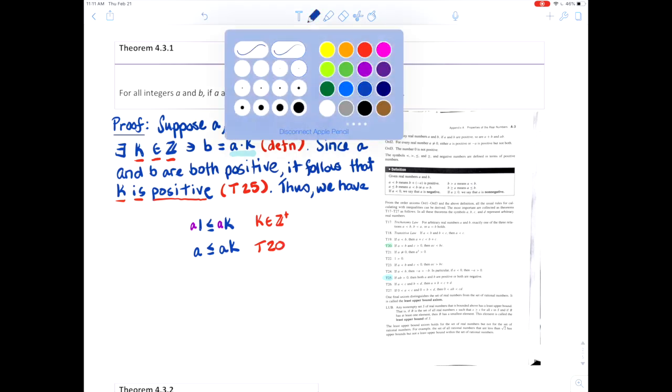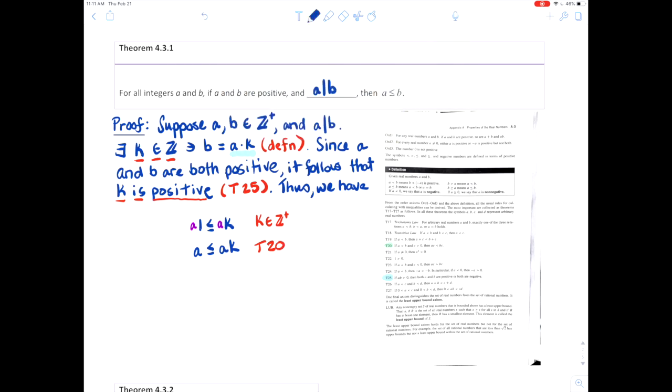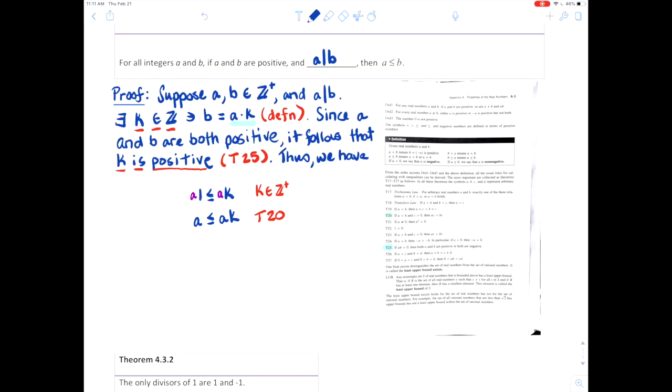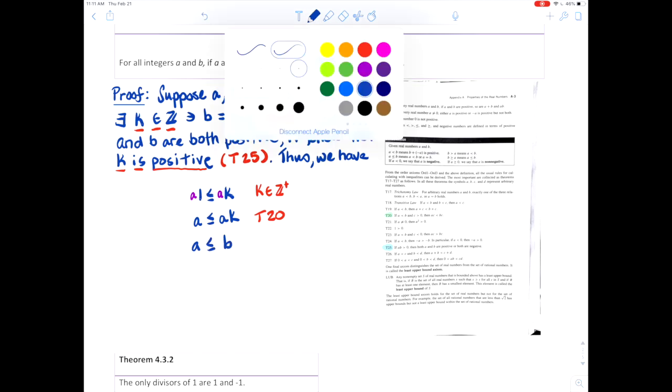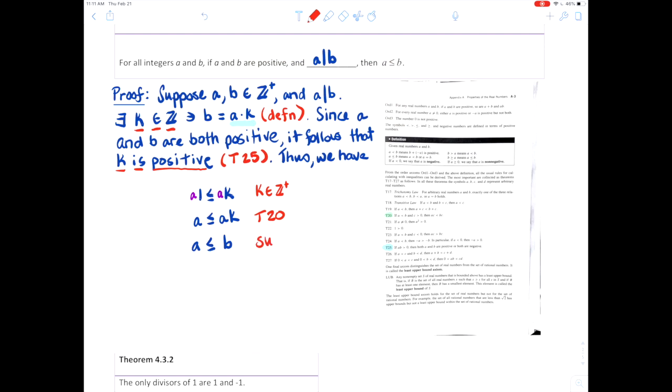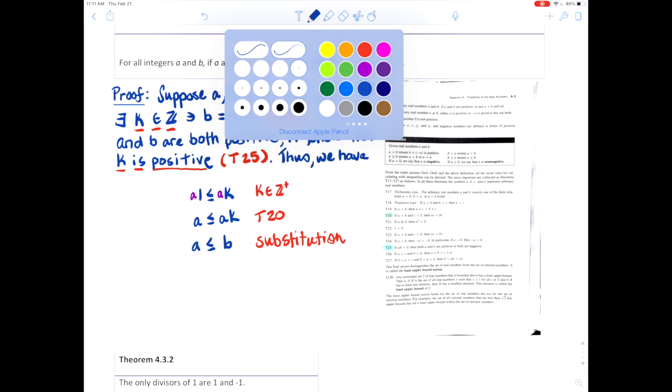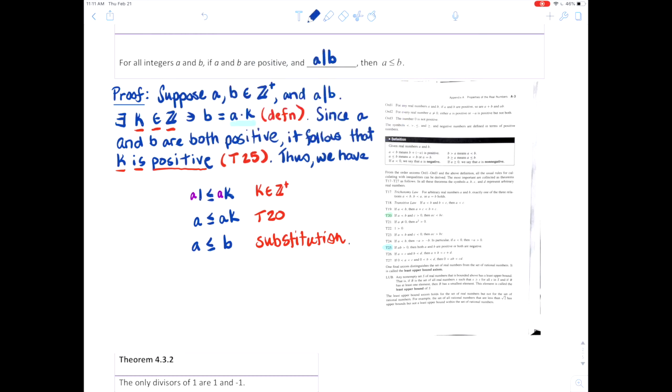And next up, what's going to happen? Well, what is A times K? Perfect. A times K is B. So by beautiful substitution, we have that next line of our proof. And we're done.